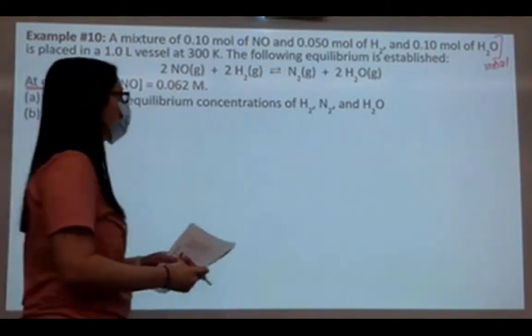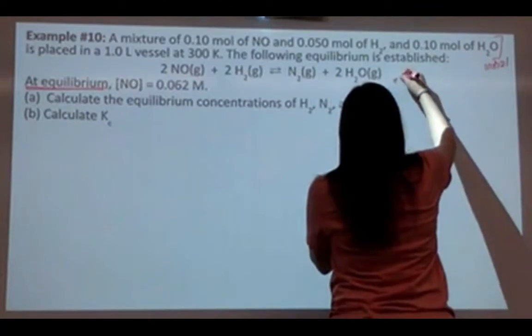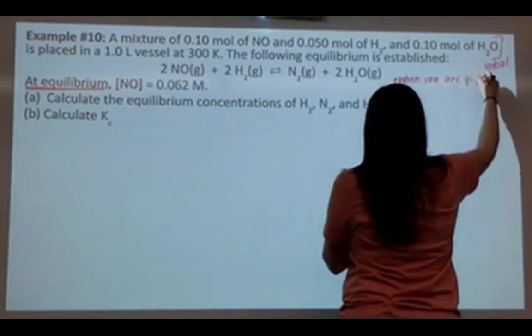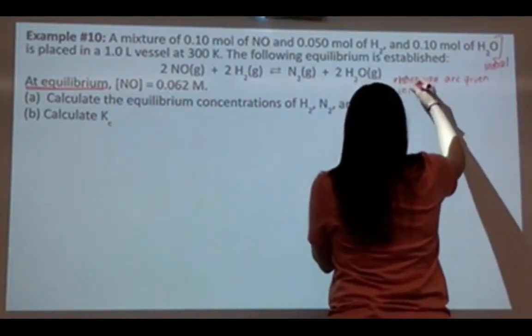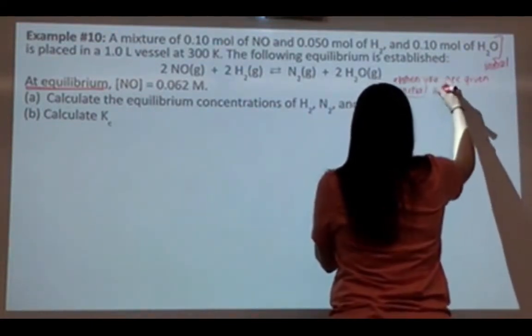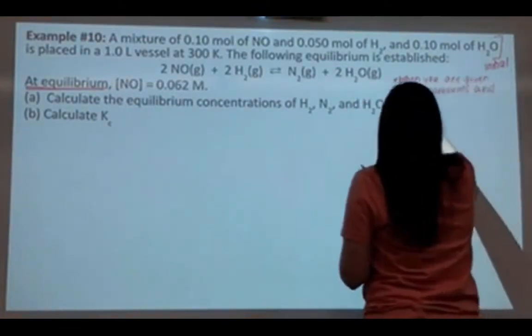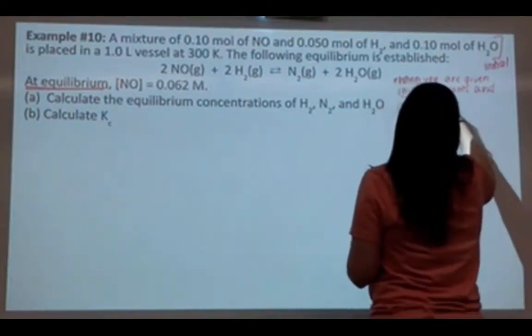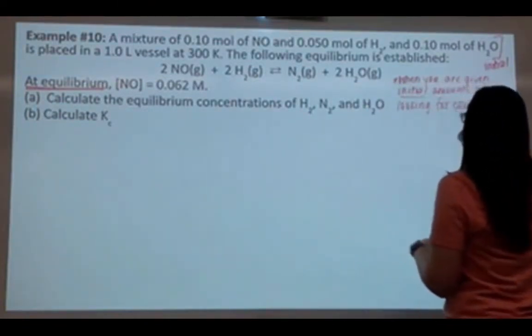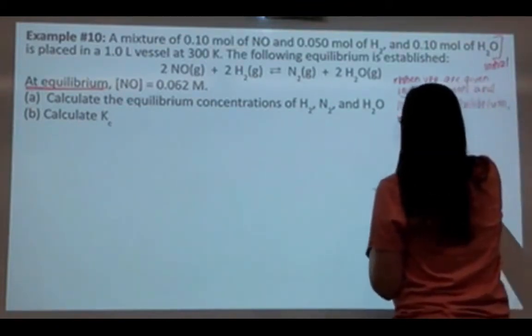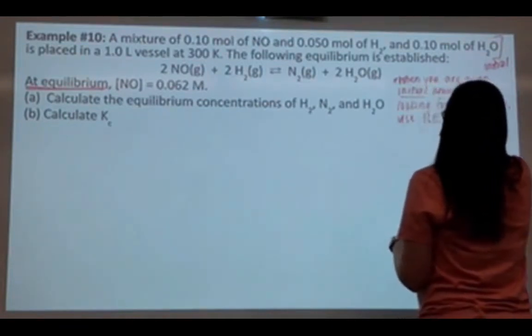So when you are given initial amounts and you are looking for equilibrium, anything equilibrium, equilibrium constant, equilibrium concentrations, we use what's called an ice table.